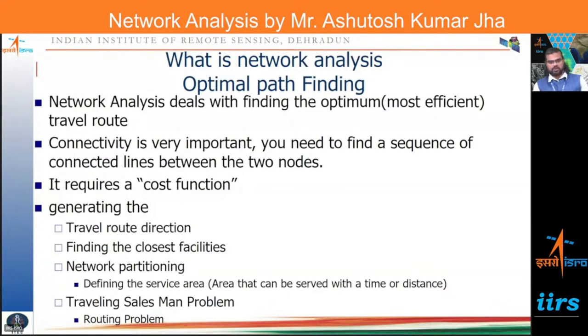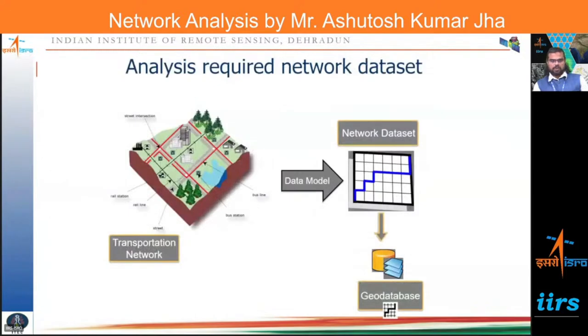The famous problem is the traveling salesman problem, which is nothing but someone needing to travel to all the different locations in his wish list with a minimum time or minimum distance under which he or she can cover the areas. Such kinds of problems are called the traveling salesman problem.